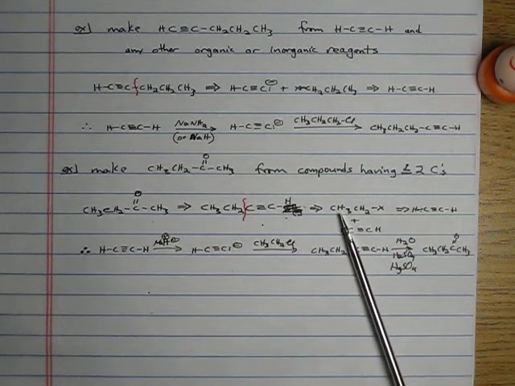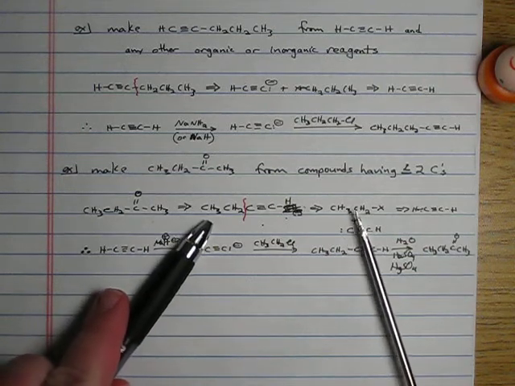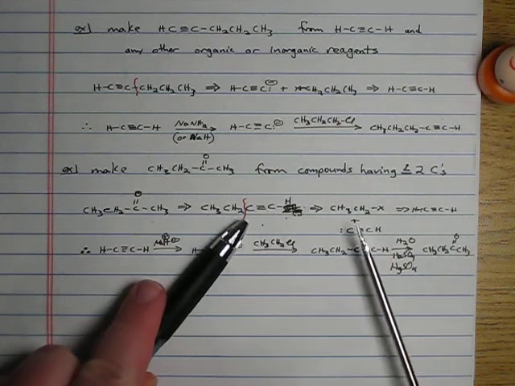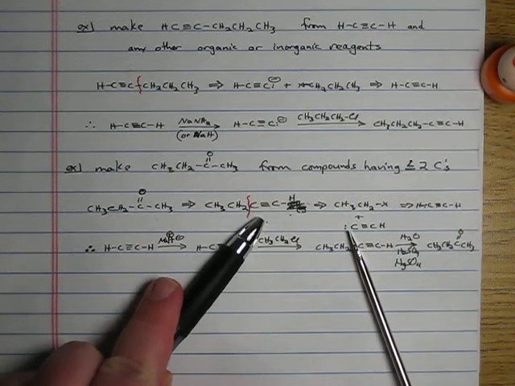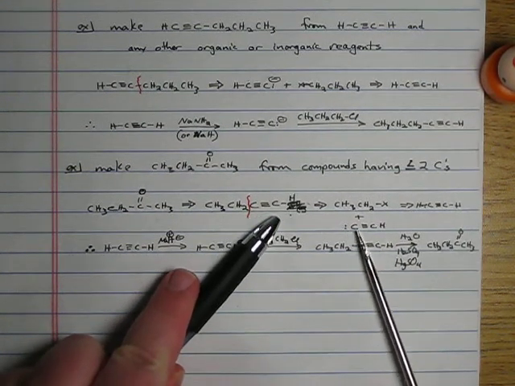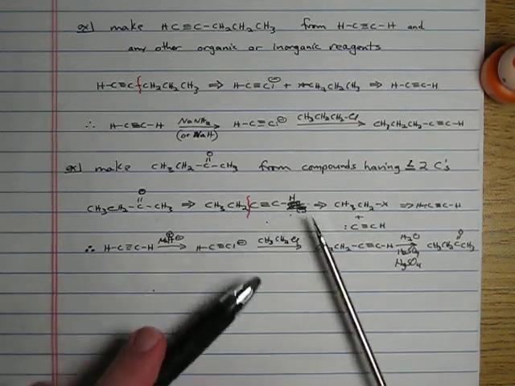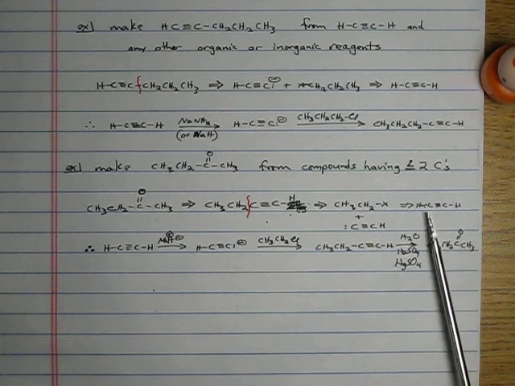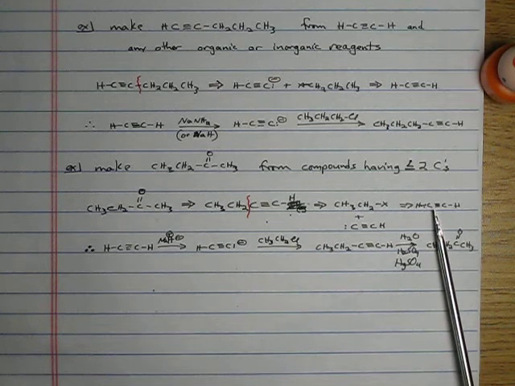And so I know I can have CH3CH2 with a halogen on it, plus my carbanion here with a CH on it, and that would make this right here. Okay, well, how did I make this beast here? That's right, from acetylene and sodium hydride.